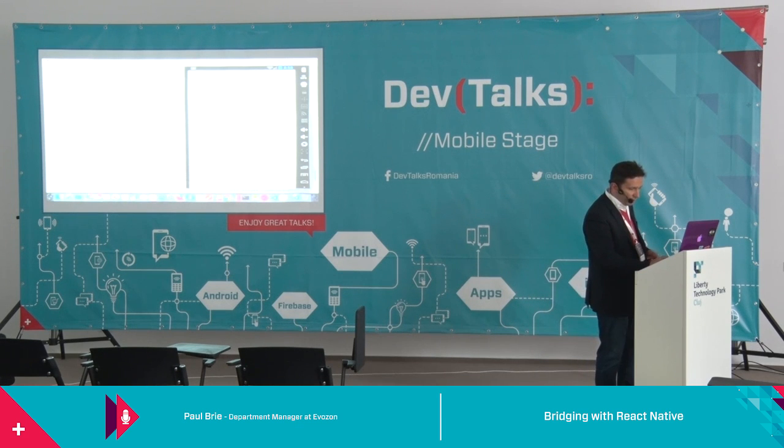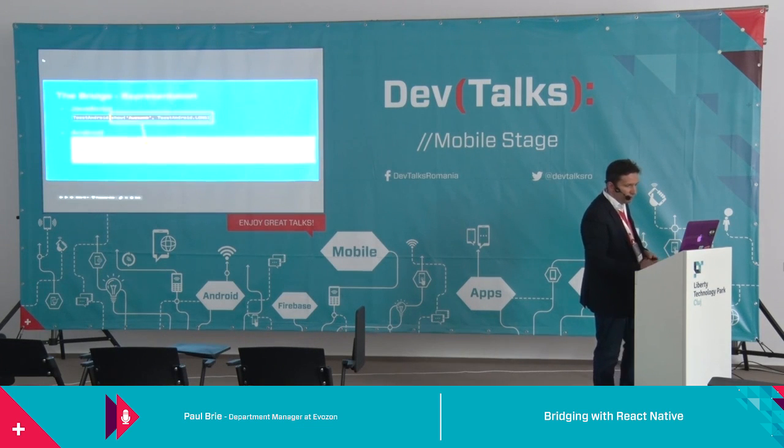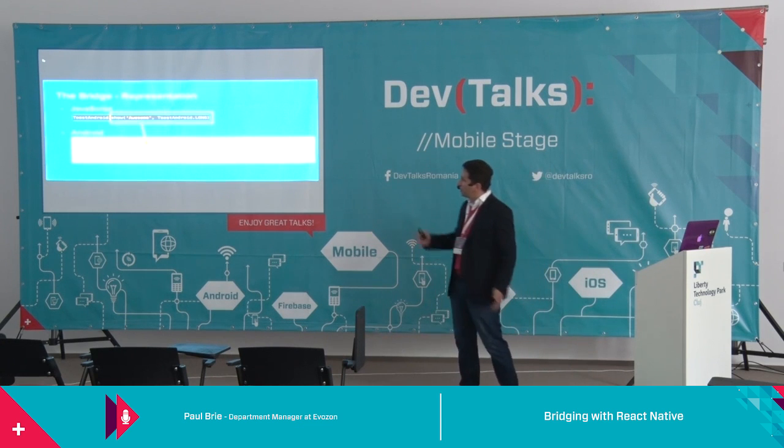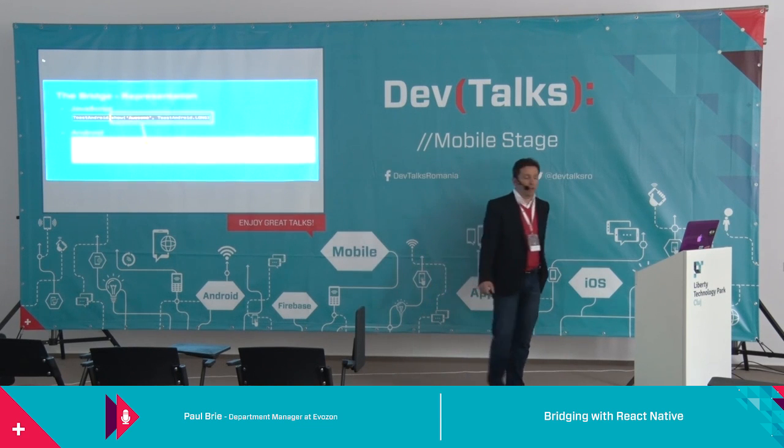So basically, this is the correspondence or the representation between the 2 codes. So as you can see, it's pretty straightforward.